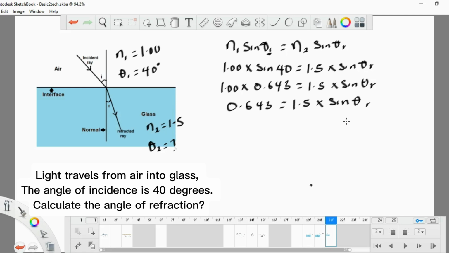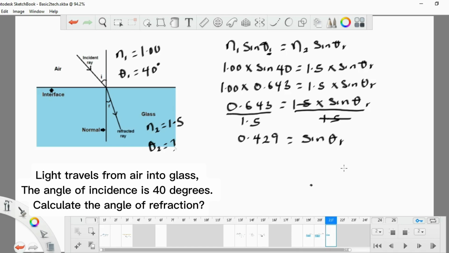So our next step is to make the sine the subject. So we divide both sides by 1.5. So 0.643 over 1.5 will give us 0.429, equal to sine of the angle of refraction.